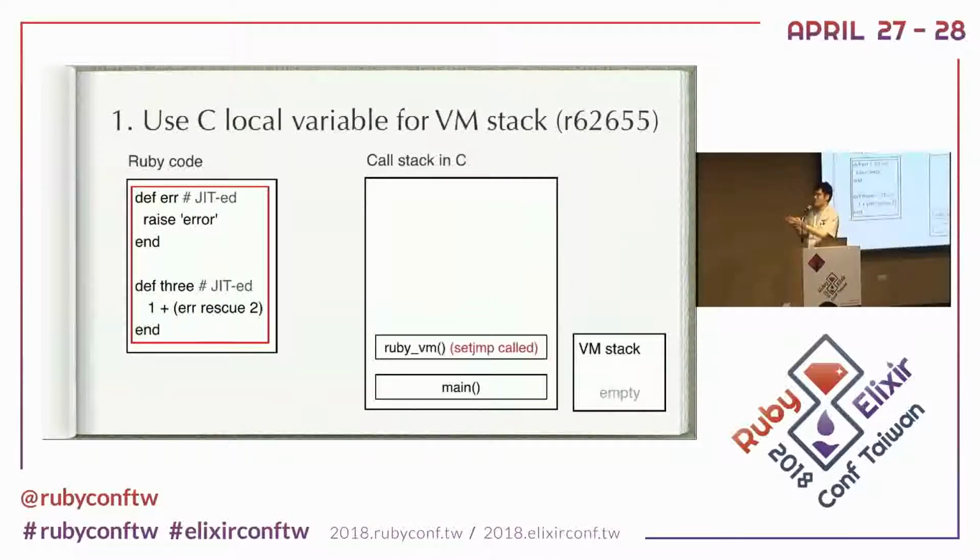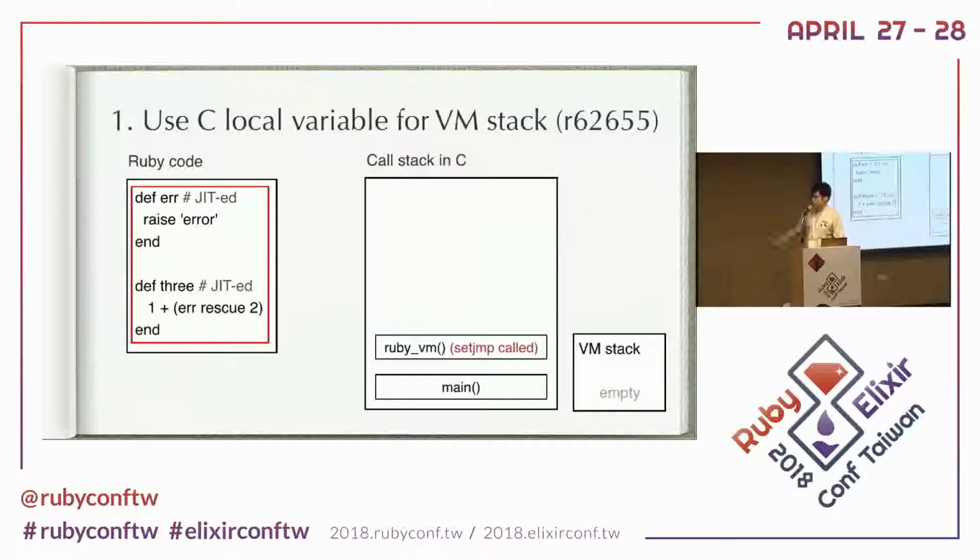Setjmp needs to be called because we have exceptions in Ruby. So if an exception is raised in the Ruby world, it calls longjmp, and longjmp jumps to the setjmp place. That's because setjmp preserves all information of the CPU, stack, and other registers.